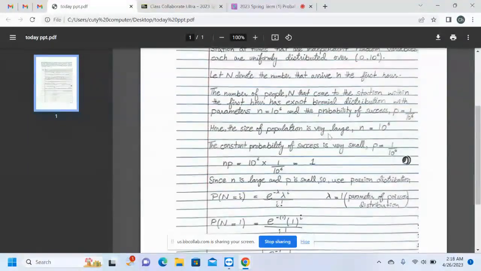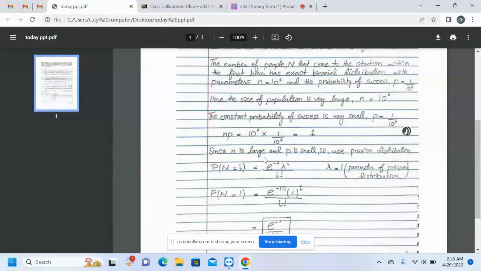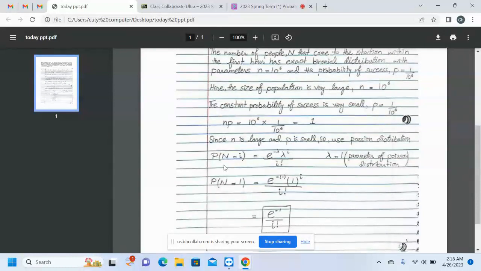Here the size of the population is very large, n is equal to 10 to the power 6. The constant probability of success is very small, p is equal to 1 over 10 to the power 6. So from that we have the formula n times p. When we put in the values, we get 1. Since n is large and p is small, we use the Poisson distribution.